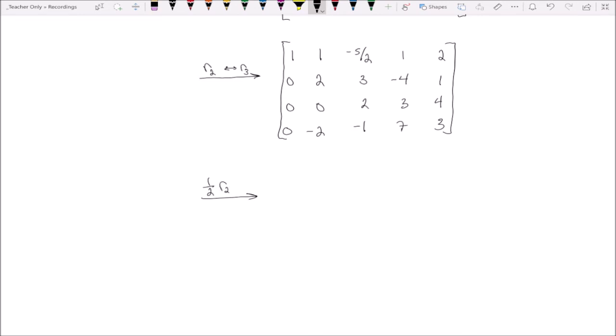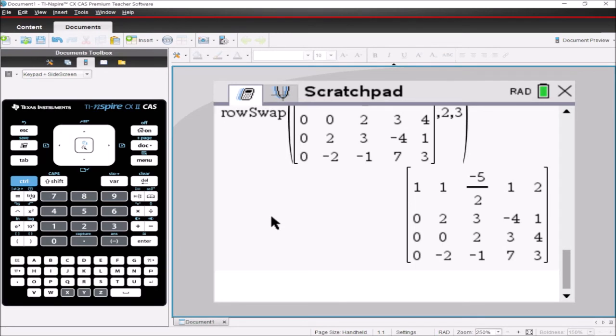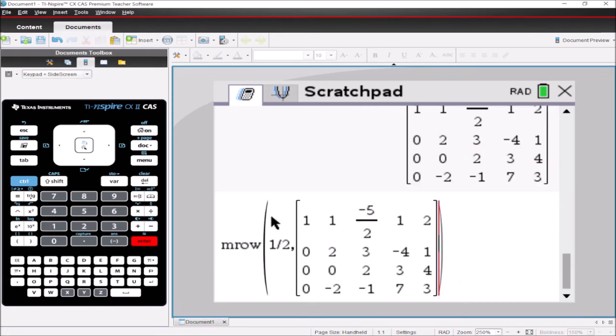By multiplying row 2 by 1/2. Again, instead of going through the menu, it is just m row, multiply row. That was the command. We're multiplying by 1/2 our matrix, and it's row 2.